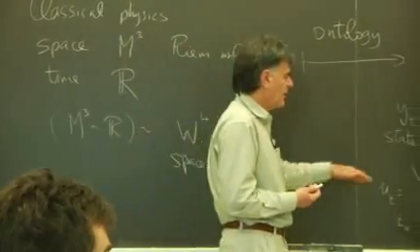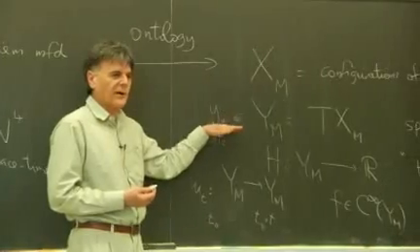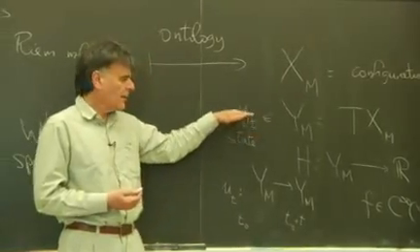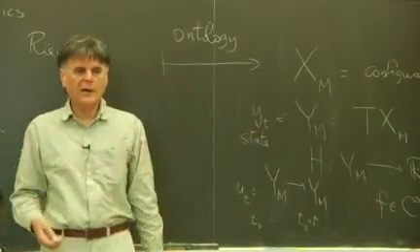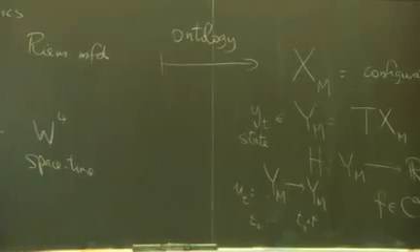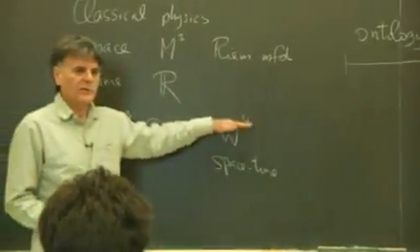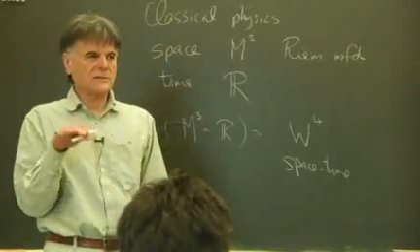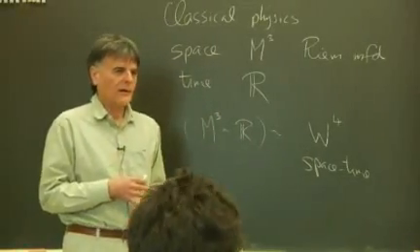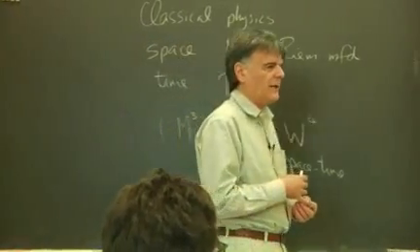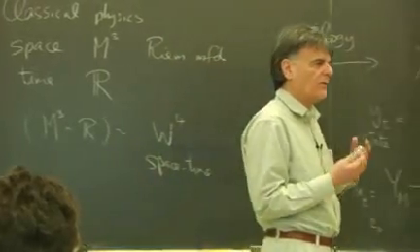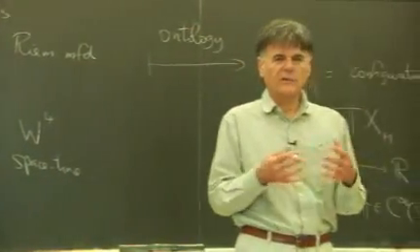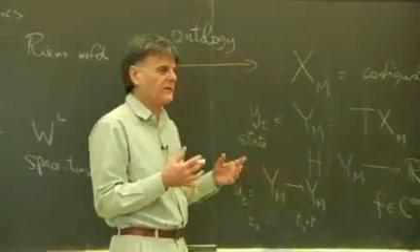In order to get back to a picture where you have a state which is moving in time, you have to decide that you're going to slice up your space-time manifold into three-dimensional spatial slices. And it's not very plausible that you can do that, at least not once you believe in general relativity and you believe that the world is full of black holes and that sort of thing.